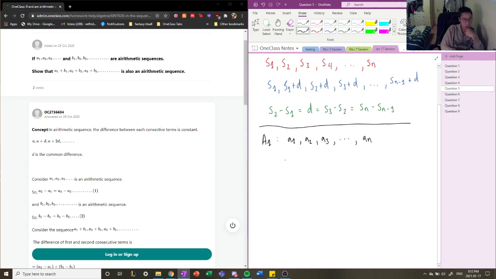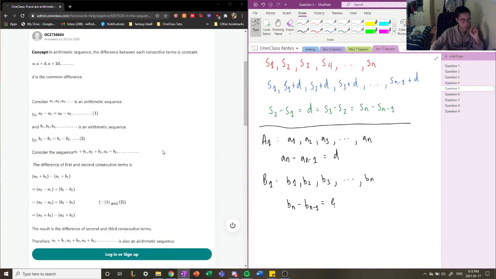According to our definition, the nth term of our sequence minus the (n-1)th term is equal to our common difference, D. Same thing with B1: B1, B2, B3, dot, dot, dot, Bn. The difference between the nth term and the (n-1)th term is also equal to a different common difference, let's say E. So these are two known facts.